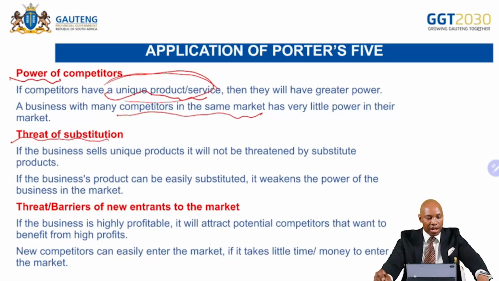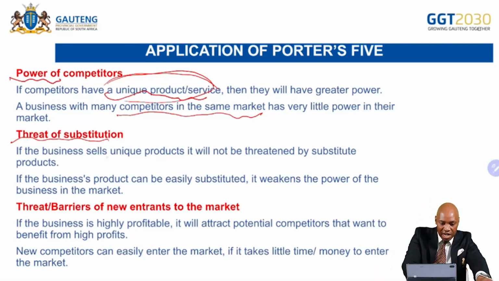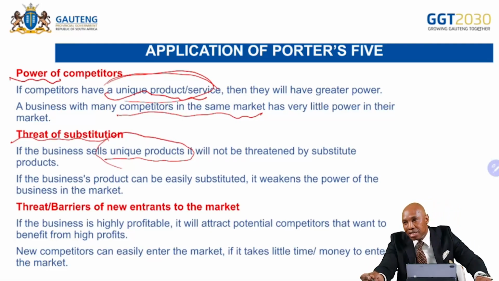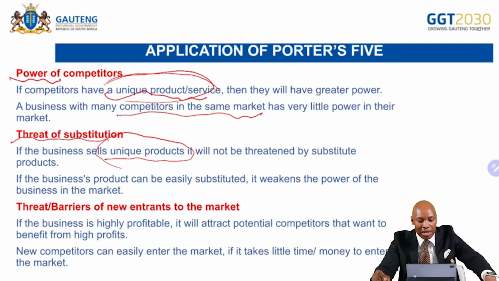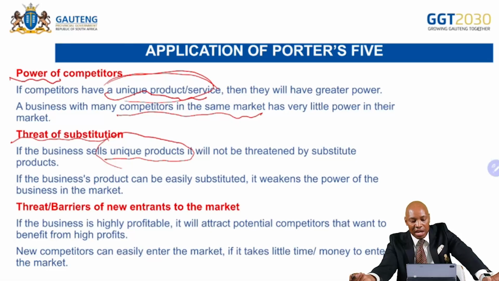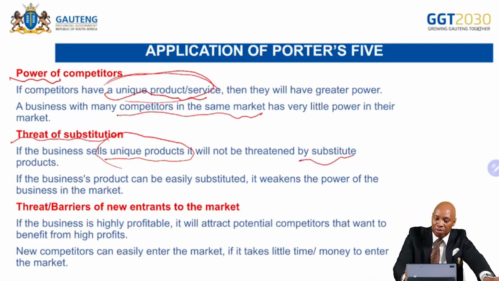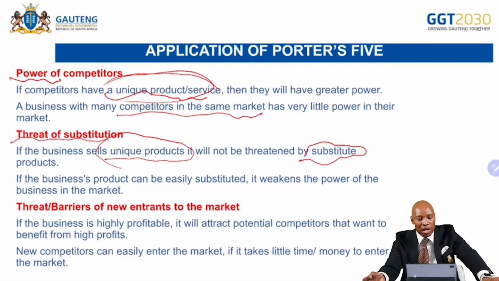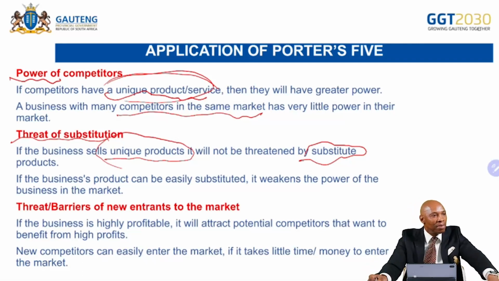It says here, if the business sells unique products. If we are a business manufacturing unique ladies' bags that are not sold by any other business, we are not going to be threatened by any substitute products. People can come up with their bags, but ours are unique. We are therefore not threatened by any substitution.